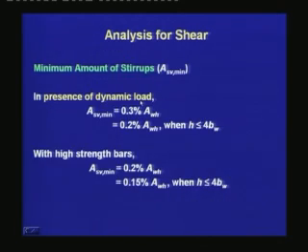In presence of dynamic loads, ASV minimum is equal to 0.3% of AWH, which can be lowered to 0.2% AWH when H is less than or equal to 4 times BW. With high strength bars, ASV minimum is equal to 0.2% AWH, which can be lowered to 0.15% AWH when H is less than or equal to 4 times BW.